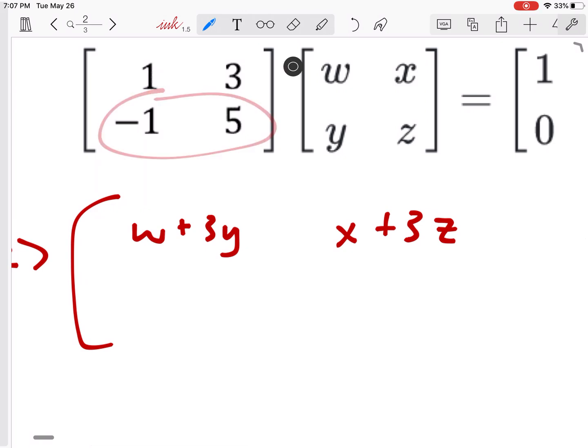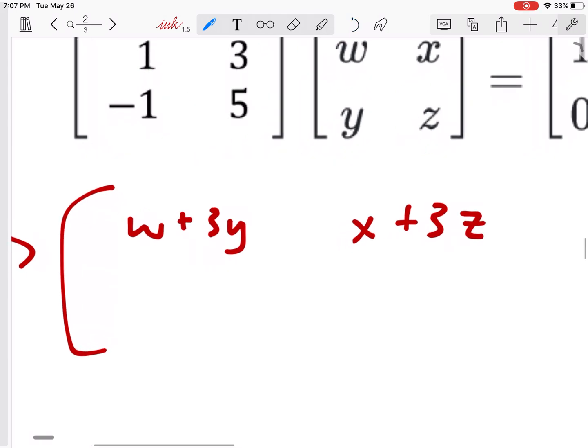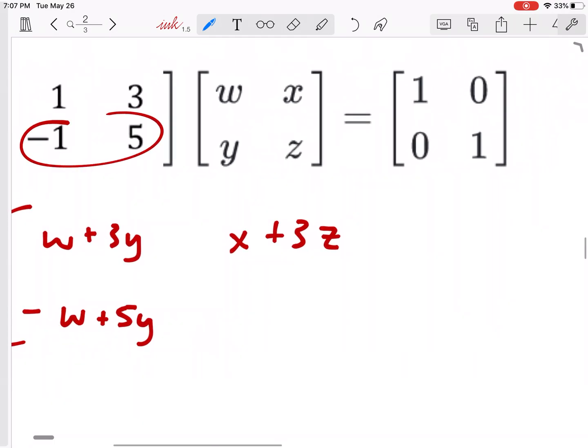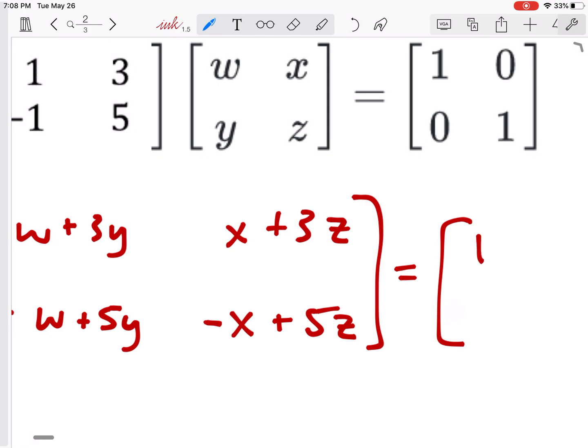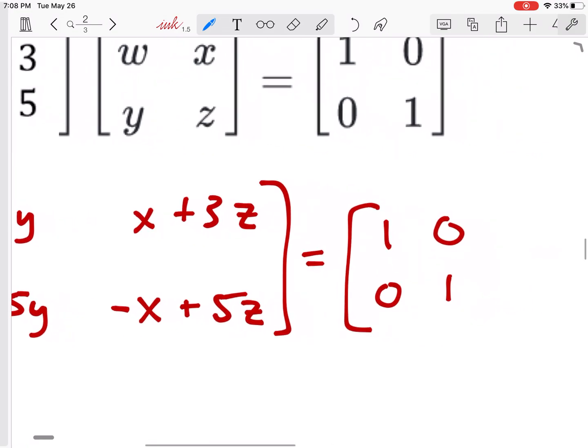Now the next row times the first column, negative 1w, so negative w plus 5y. And then the second row times the second column, negative x plus 5z. This will equal the identity matrix still, 1, 0, 0, 1.